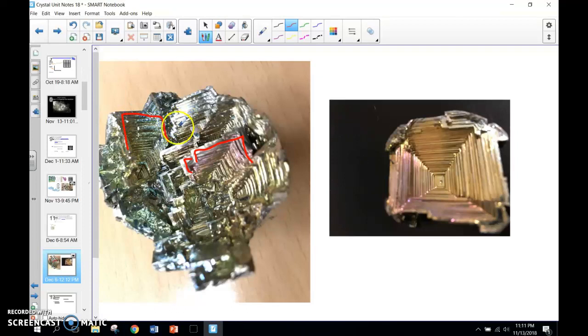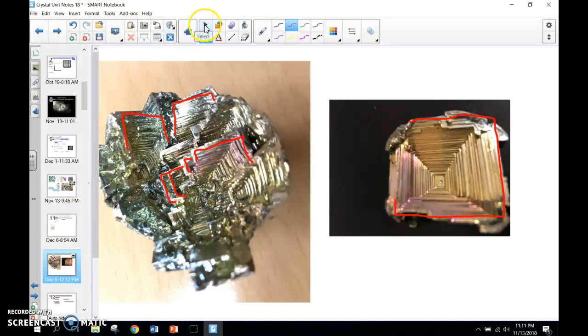These are unit cells and they're building off of each other. This is one grain, one large crystal, and it's that unit cell. You see that pattern over and over and over again. That's because it's based on that same repeating pattern.